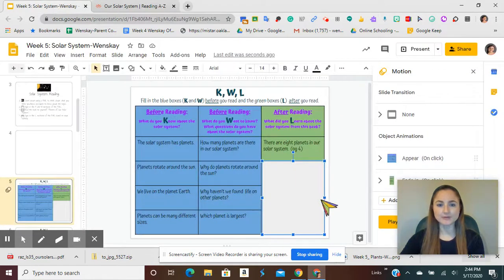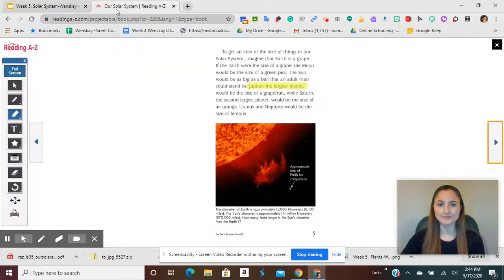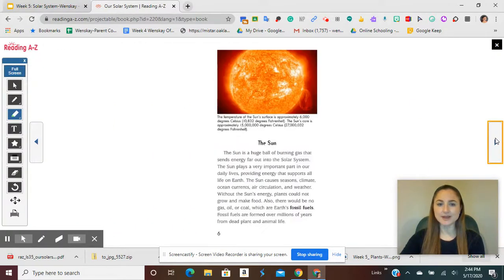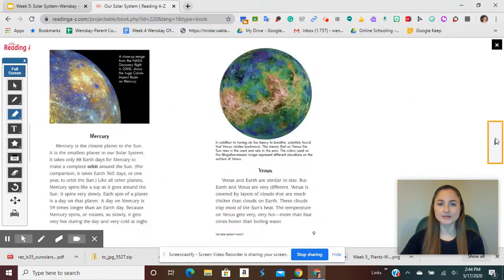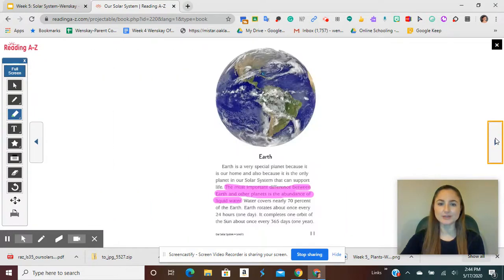And so when I filled out my KWL, my question was down here, which planet is largest? And I typed in Jupiter is the largest planet, and page 5. So I've gone through the text and I've highlighted all of those areas where I did find the answer to my questions. I am not reading only to find the answers to those questions.